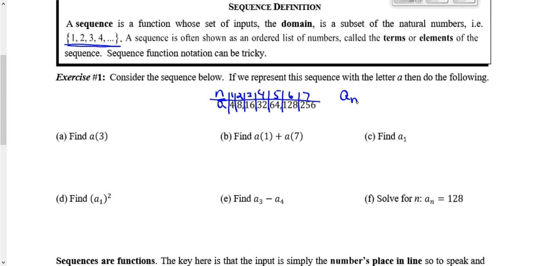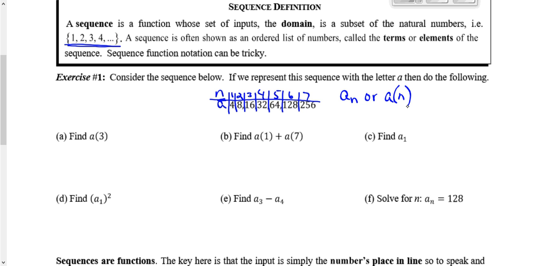Simple enough, right? Or sometimes you'll see it like this, A parentheses n, right? Now either way, it means the same thing. You'll see it in both ways. But when we use that A parentheses n, it looks a little more like function notation, right? So then we can operate a little, right?